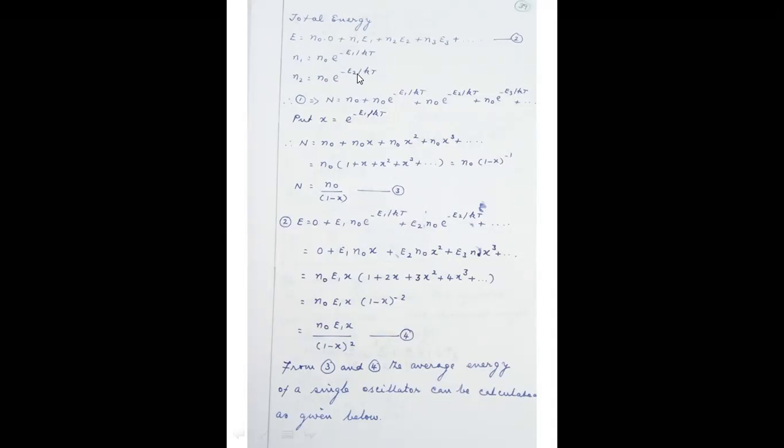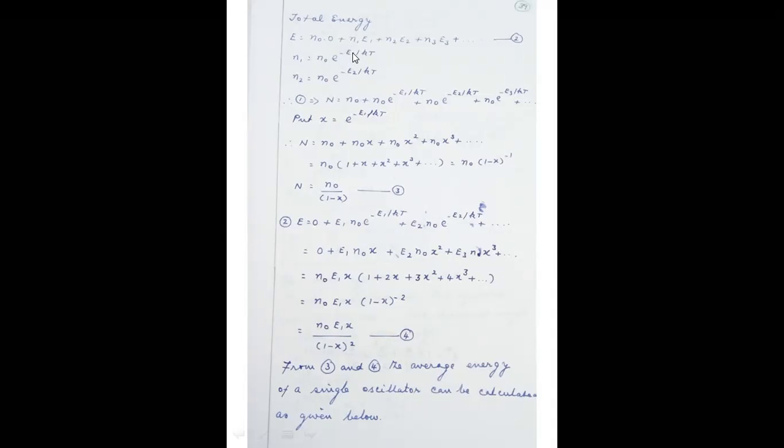According to the classical equation, suppose you want to find the number of vibrators in the first energy state. You can relate the number in the first energy state with the first energy level.